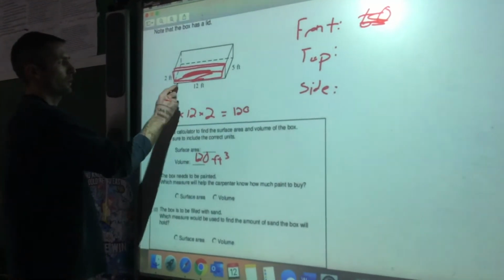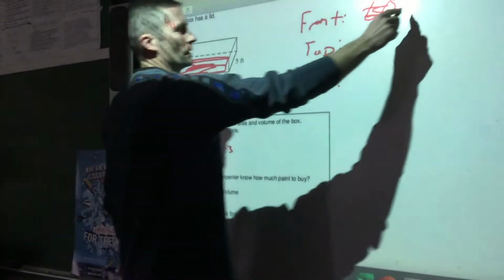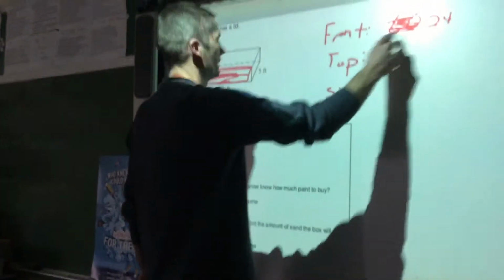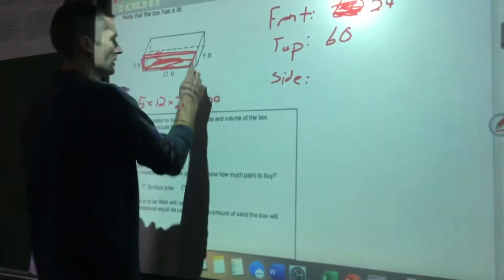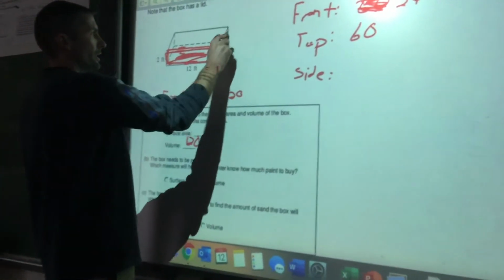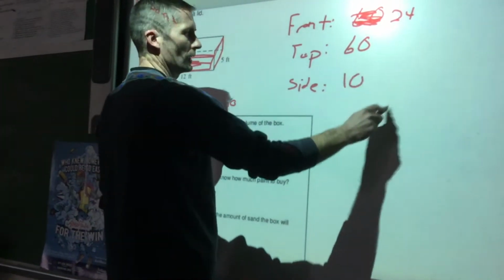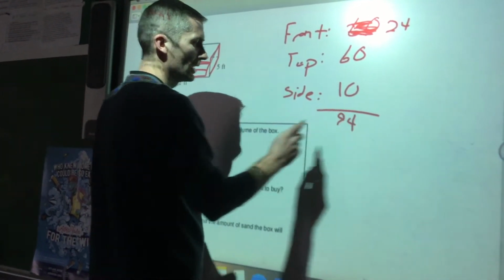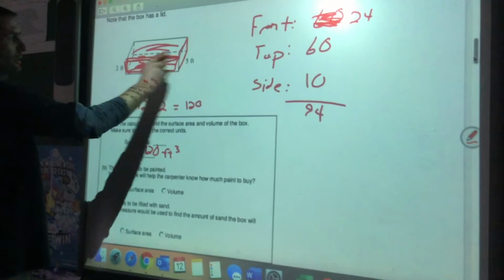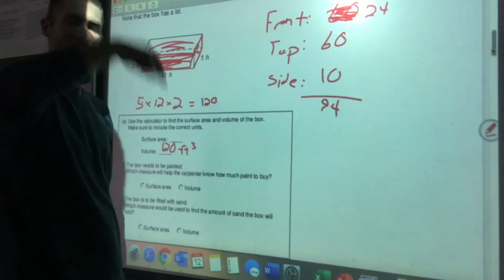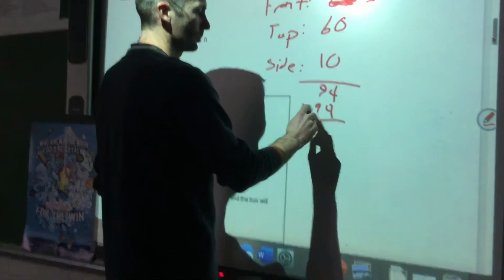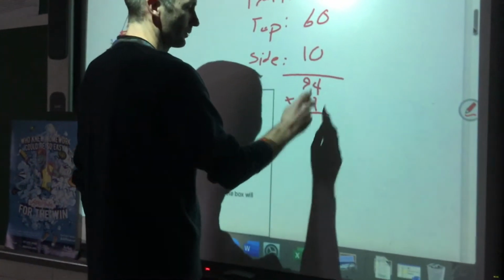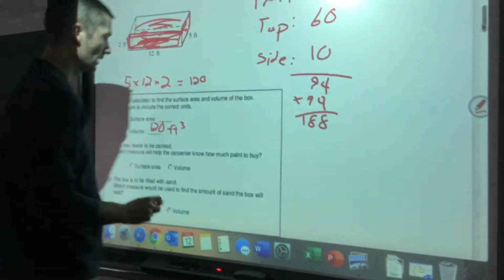The front is 12 times 2, 24. The top is 12 times 5, 60. And the side is 5 times 2, 10. So we add those up, 94. And that's what we see. We see 94 on those 3 sides. So the other 3 faces are 94 too. So total, it's 94 plus 94, or 94 times 2, 188.